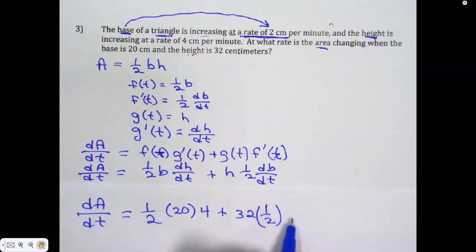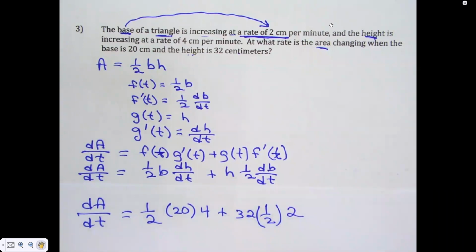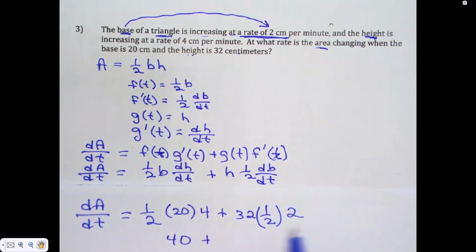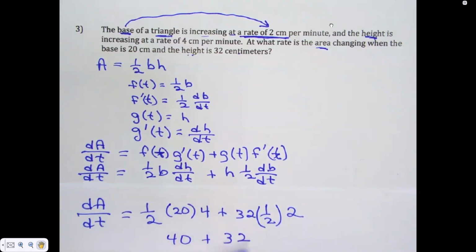All right, so that is 2. That's just a matter of plugging it in. Let's see. So that gives us what? 40 and 32. This would give us 80 divided by 2, or if you want to do 10 times 4, however, whatever. It doesn't even matter. Those cancel. That's nice. 32. So it would be 72.